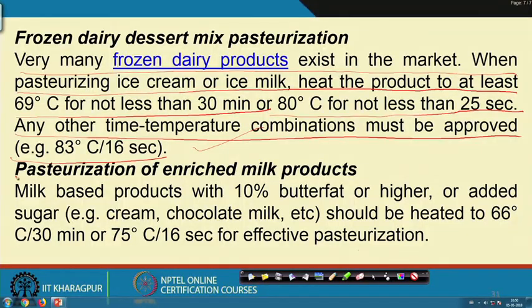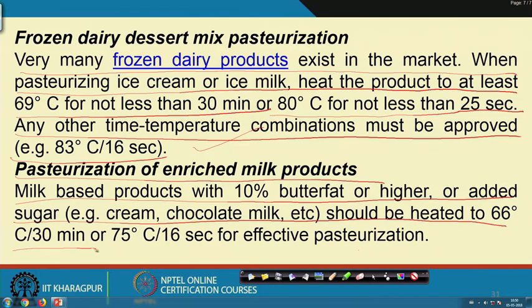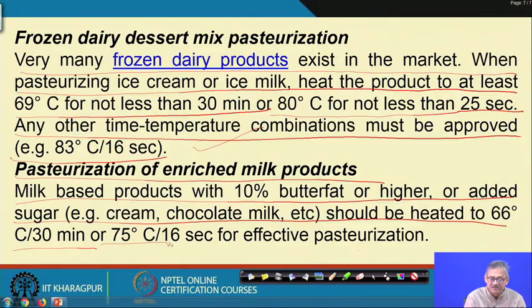Okay. Pasteurization of enriched milk products like milk based products with 10% butter fat or higher or added sugar, for example, cream, chocolate milk, etc., should be heated to a higher temperature, 75 degrees centigrade, for effective pasteurization.